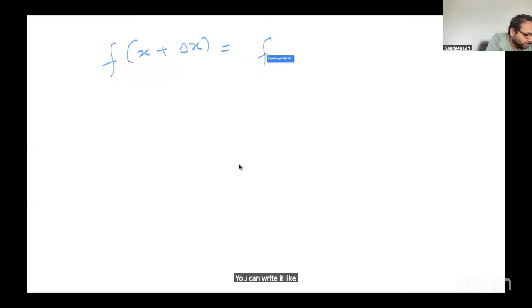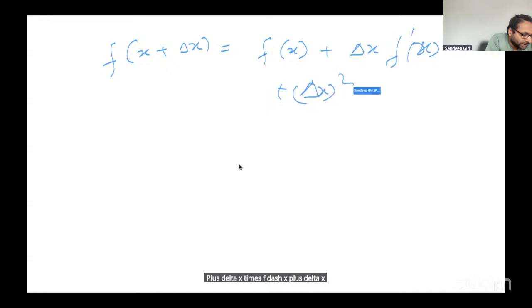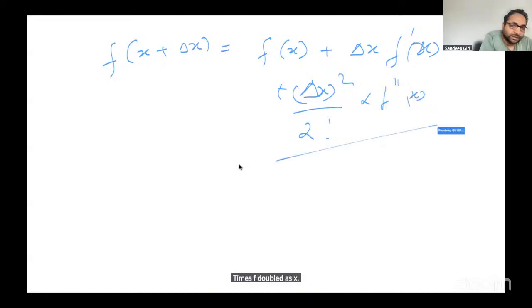F of x plus delta x times f dash x plus delta x square by 2 times f double dash x. Okay. Now, what does it mean?